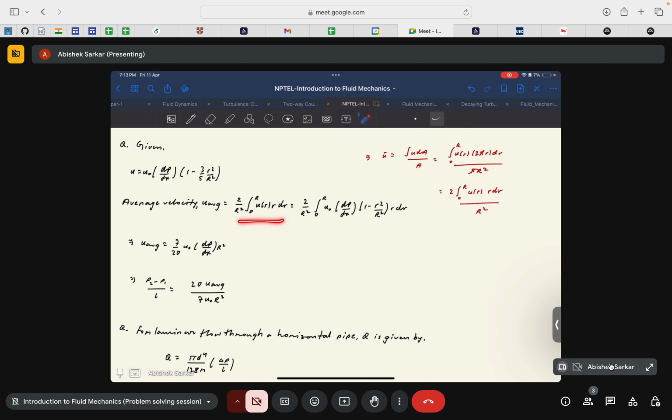Just substitute the value of your velocity profile, which is already given here, in this expression. I'm sorry again, I forgot the 3 by 5 factor.